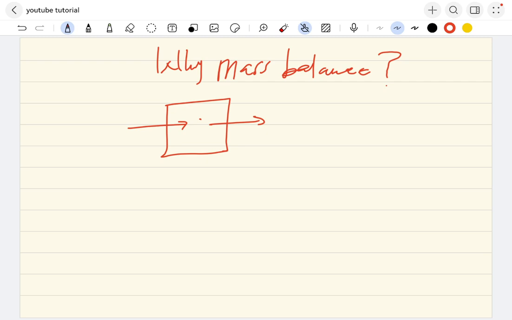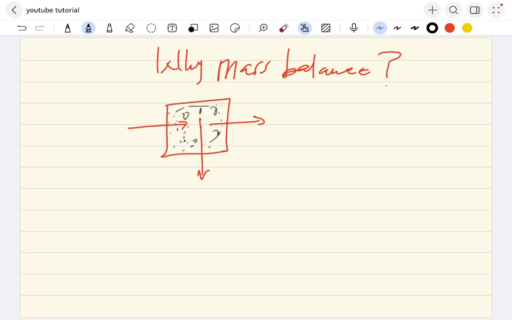We can also use the concept of mass balance to know if something is leaking out of a system, or something is accumulating, simply if something is changing inside a system with respect to time. It helps us to do this kind of analysis.